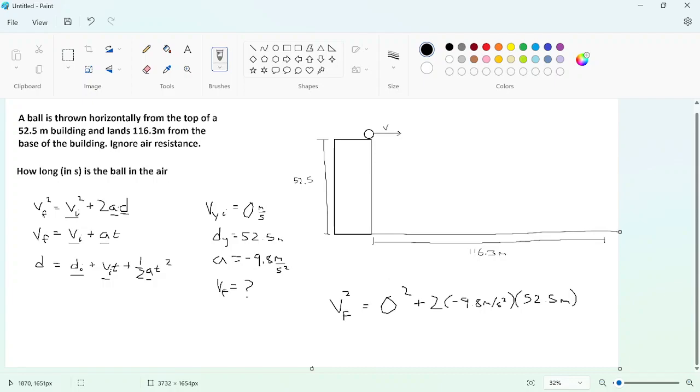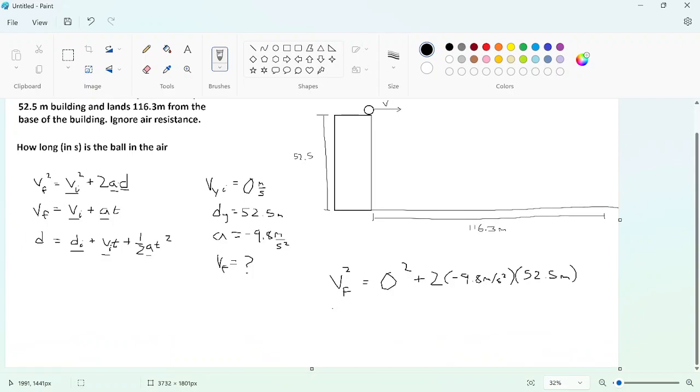I'm going to describe something that seems a little odd. When we solve for this right here, we're going to get a negative value. And you can't square root a negative value because we need to square root both sides to get velocity final. Well, you can, but you'll get an imaginary number, which we should not get in this case.